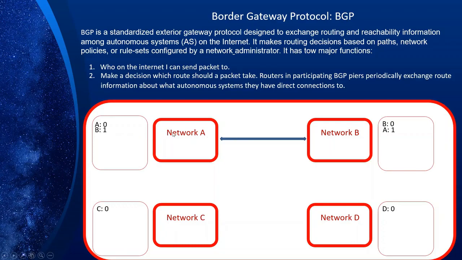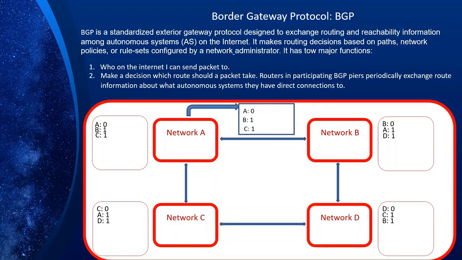Then let's say A and C are set up to communicate with each other through BGP. The same thing here, C knows about A, and the number of hops is 1. And again, the same thing between C and D, and so on. Now we have these 4 networks that know a little bit about each other, but periodically they also exchange information.